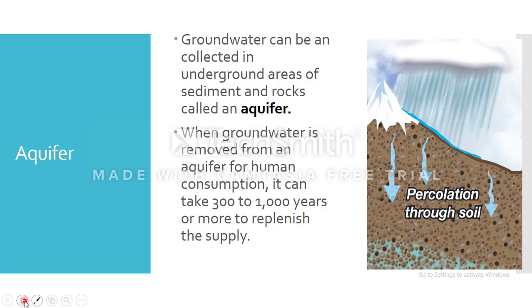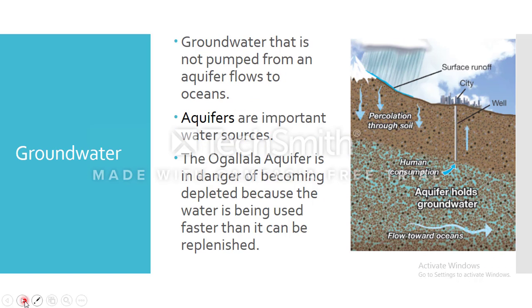Groundwater can be collected in underground areas of sediment and rocks called an aquifer. When groundwater is removed from an aquifer for human consumption, it can take 300 to 1,000 years or more to replenish the supply. Aquifers are important water sources.